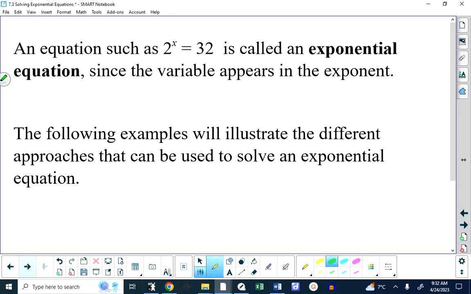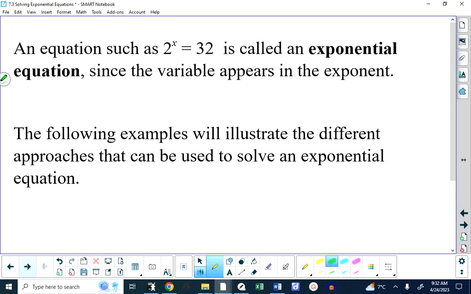By the way, this is a laughably simple equation for you to solve, and it illustrates an idea that when we do what we do today, at some point, you're not going to do algebra to get an answer. You're simply going to ask yourself, what is x? Pardon me. What do I raise 2 to get 32?